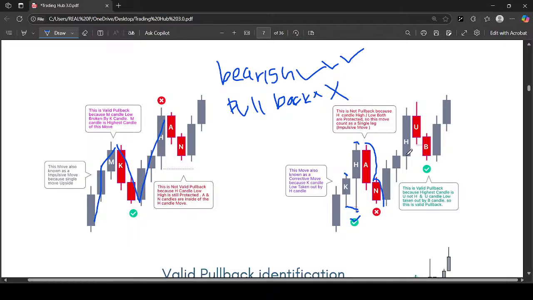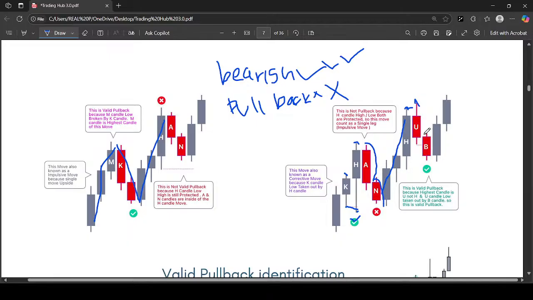So let's investigate the next one. Price begins to fire upward again. And what do we see? Each candle has the highest point on the swing. Then comes U candle, taking the highest point on the swing, that is to say, taking out H candle's high. So U candle becomes a prominent candle.